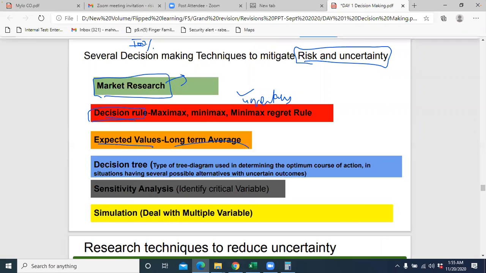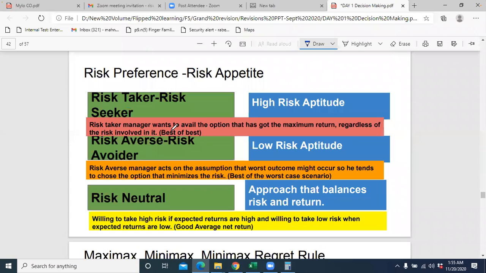Now talking about the decision rule, you need to know first of all about the risk aptitude. Whoever is going to take the decision, definitely he would be somebody from the management. Management is basically human, and it's human nature that some humans are risk takers, but some are risk averse and some are risk neutral. Talking about a risk neutral person first, because we just did the expected value thing: he's the kind of person who's ready to take risk if he thinks that the average returns are good.